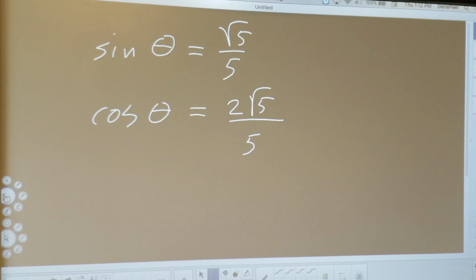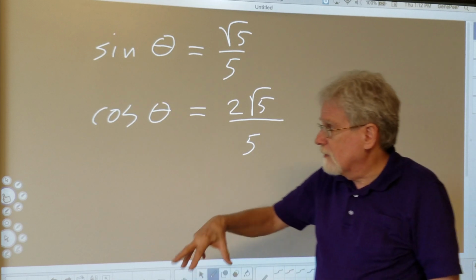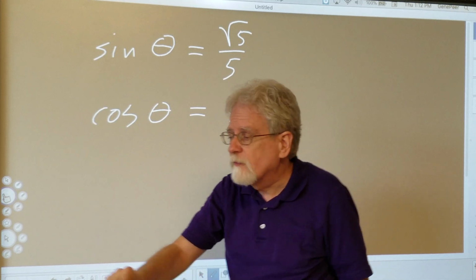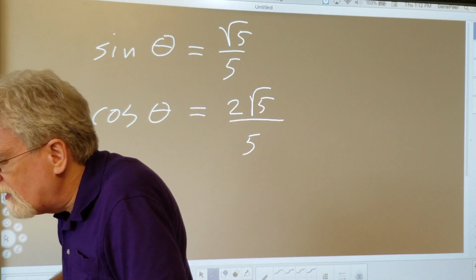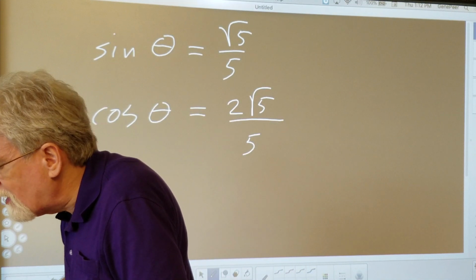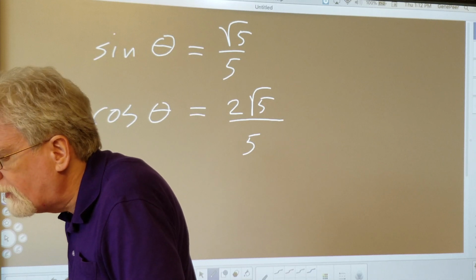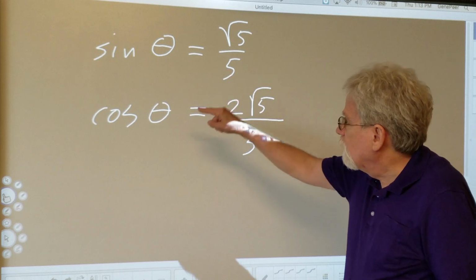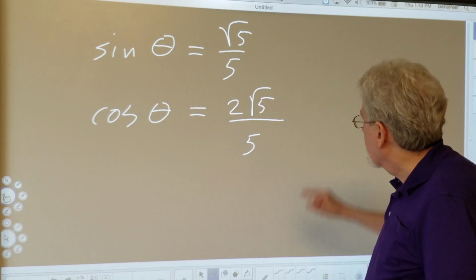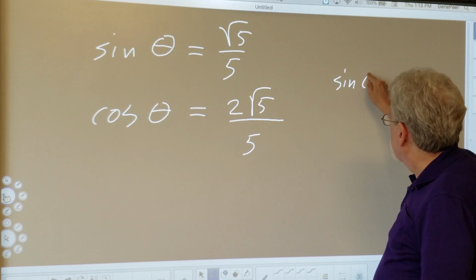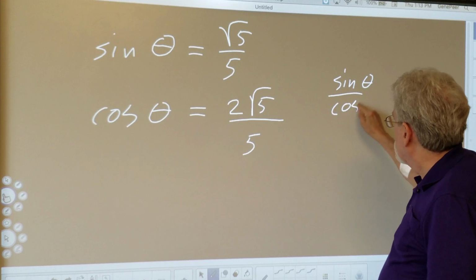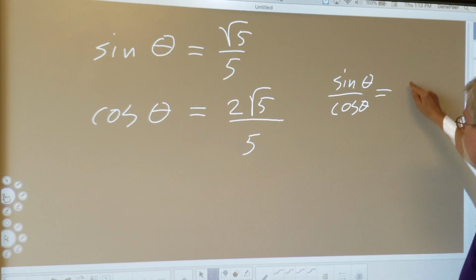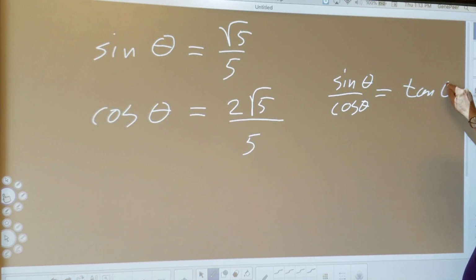Actually, this is pretty simple, because we know from the previous video, from the quotient identities, identity number 3 on page 378, that sine over cosine is special. Sine of theta over cosine of theta equals tangent of theta every time.